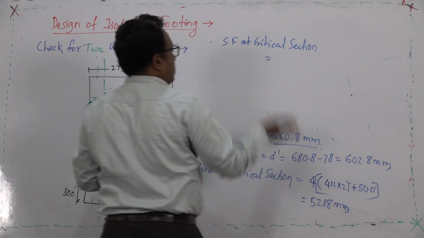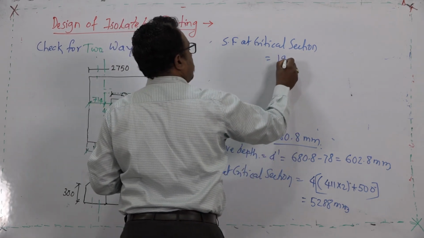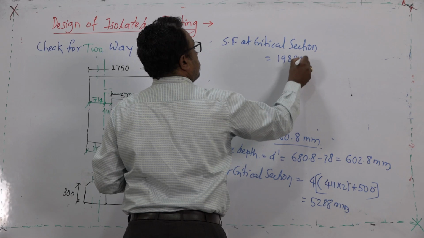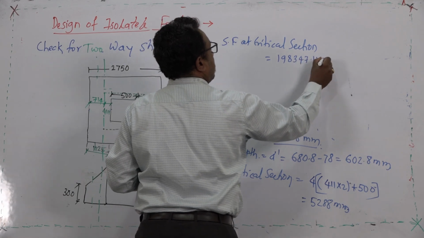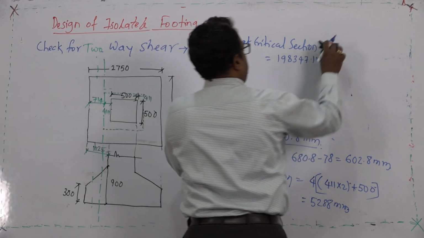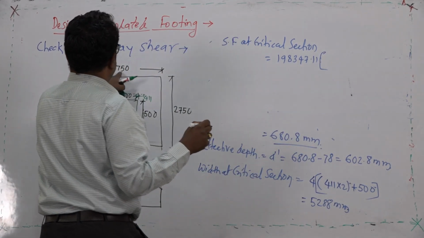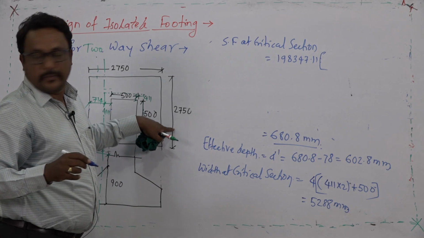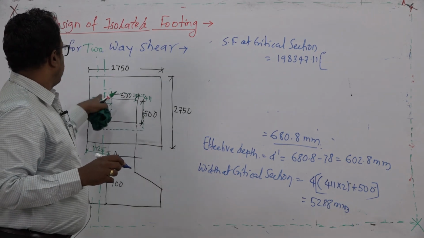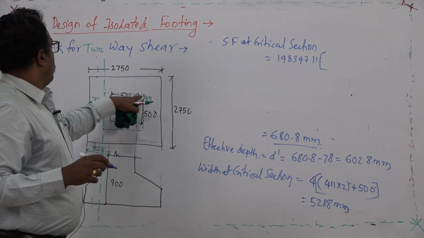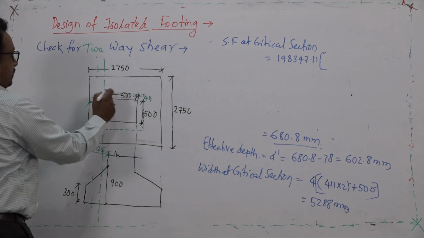So, what is the pressure? The upward pressure is 198347.11 multiplied by, now, this is one side, 2.75 multiplied by 2.75, and it is going to act on one side of this dotted line.